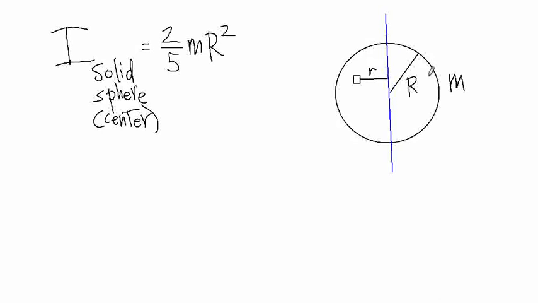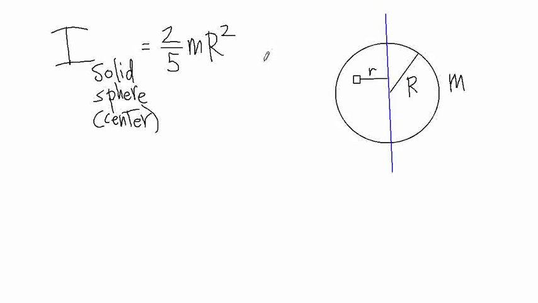Can you see that all the little pieces of the bowling ball will have a different distance? All different pieces will have varying distances from the axis of rotation. So that's one example of a moment of inertia formula.